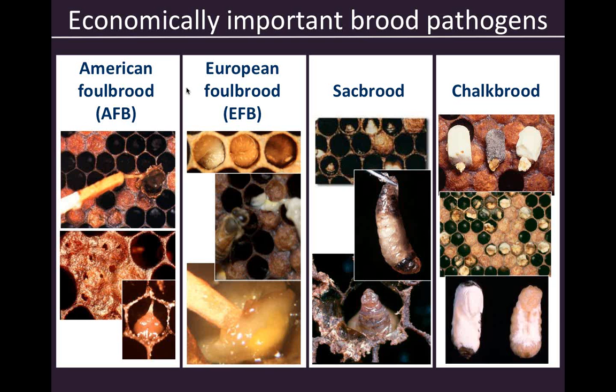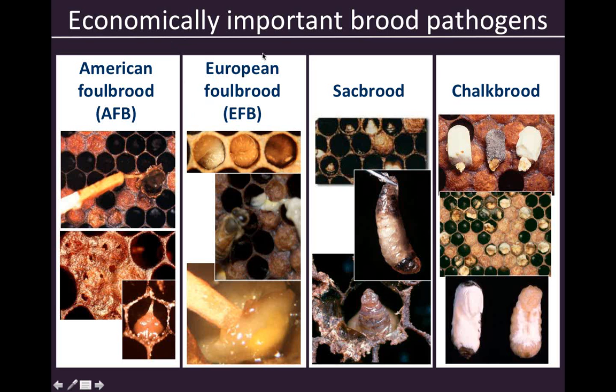Because of all the big work that was done by the apiary inspection services across the U.S., AFB is now quite contained because it's very contagious, and the only way that we can get rid of it is by eliminating colonies altogether.